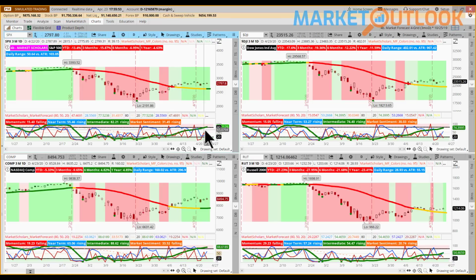And there's kind of three main lines to the market forecast. You have your green line, which is kind of our default setting in this particular presentation. This is an intermediate-term trading posture mechanism here. You also have a blue line and a red line, which have a little bit more sensitive movements. So that's why we kind of rely upon the green line a little bit more. So anytime the green line has a bullish posture, we have this ThinkScript programming code that will paint the background color of the chart green.